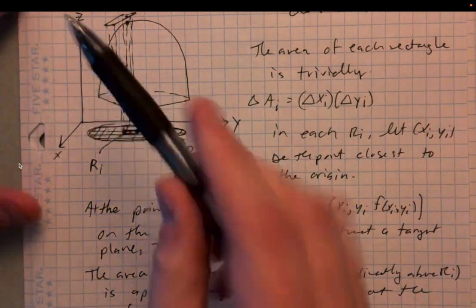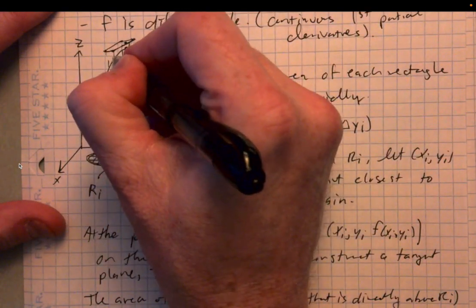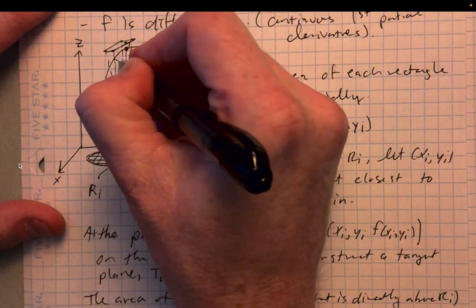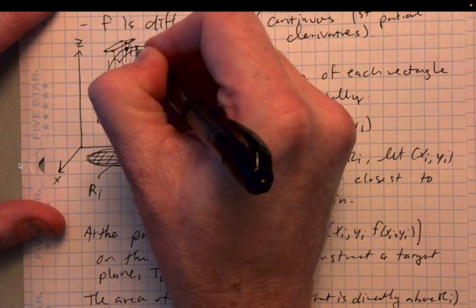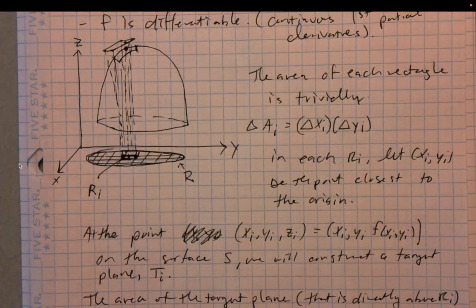So if I've got this tangent plane up here, then the area of this tangent plane is approximately equal to the area of the surface that falls directly above this subregion Ri.